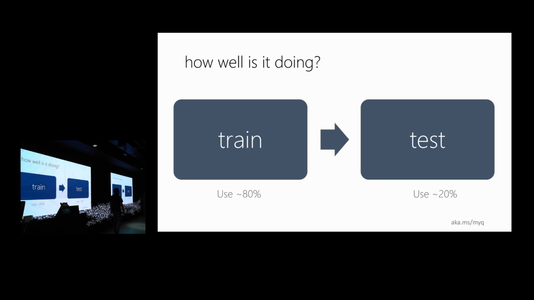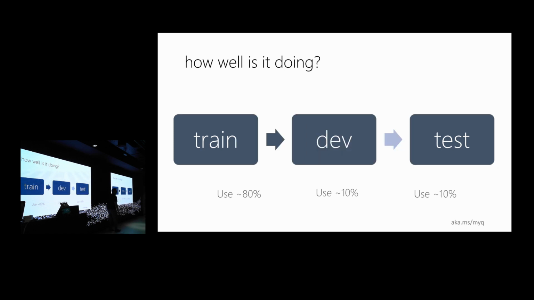You got to separate data into a train set. Here you train, test it with the dev set, and you loop here. And then you notice that it's getting really good, and then all of a sudden it sucks. You have a learning problem.